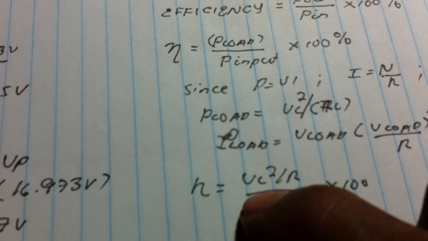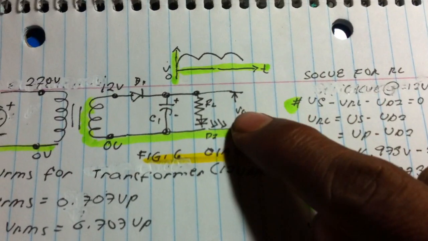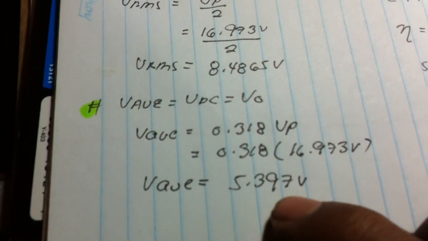Since we know, what is the voltage of the load? That is VO, VDC, 5.397.